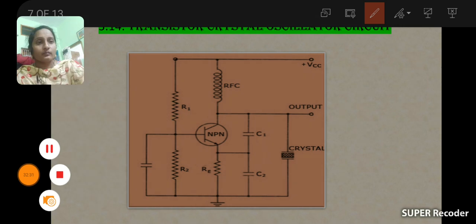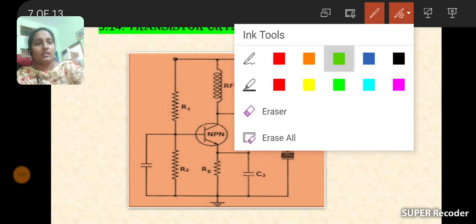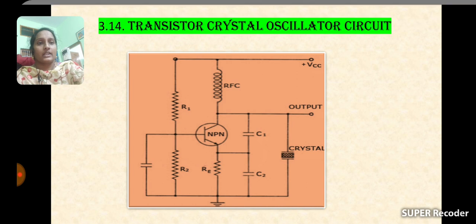Okay, so this is the construction and operation of the crystal oscillator.